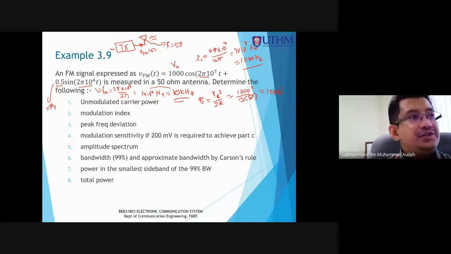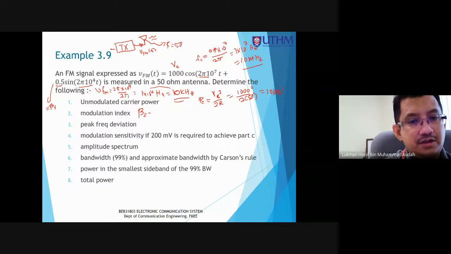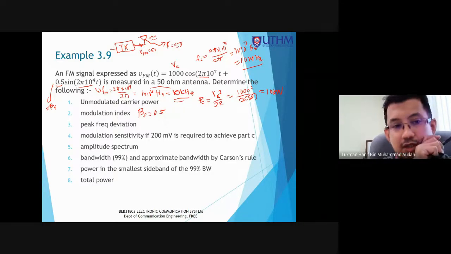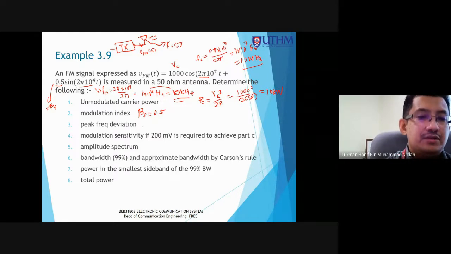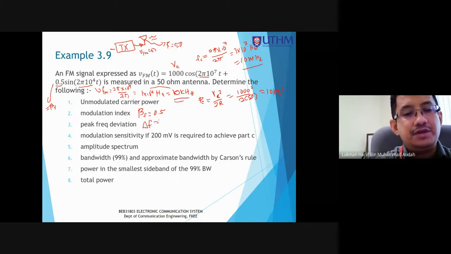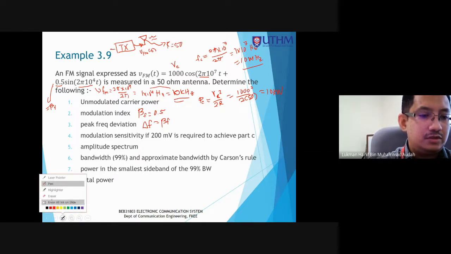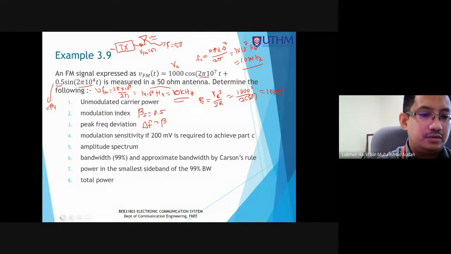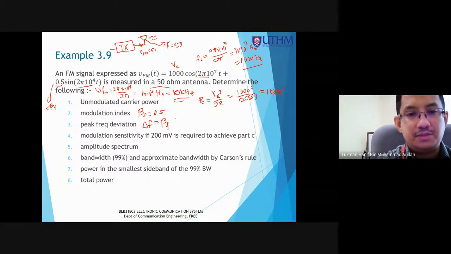Then the modulation index. The modulation index can be obtained directly from the question: beta f is equal to 0.5. Next, the peak frequency deviation. The question asks about delta f. Delta f is equal to beta f, where f is subscript, multiplied by fm.